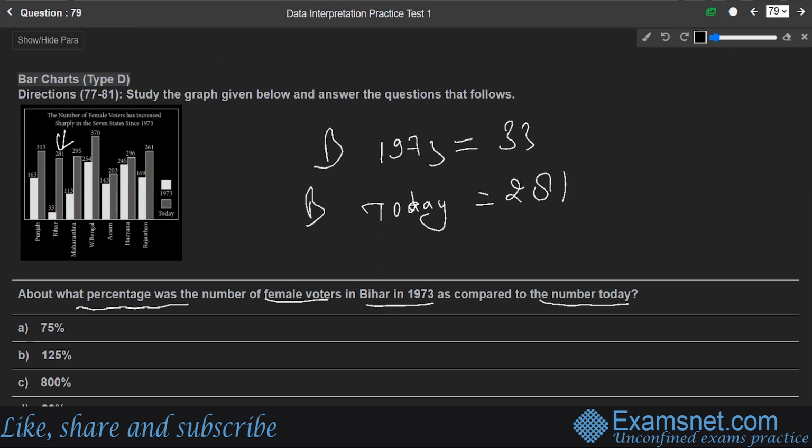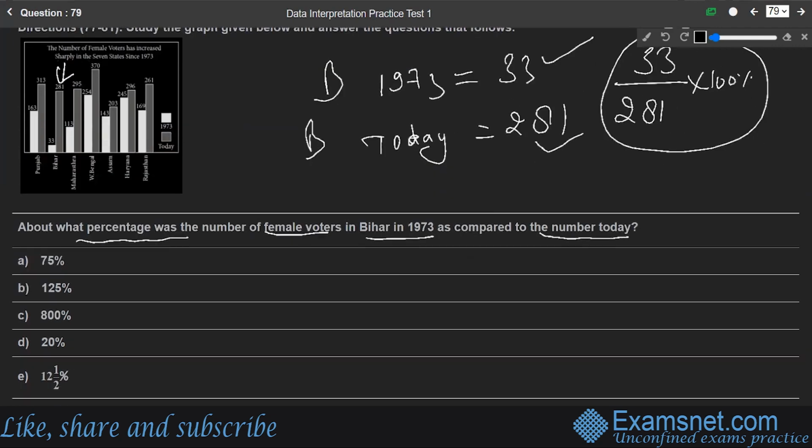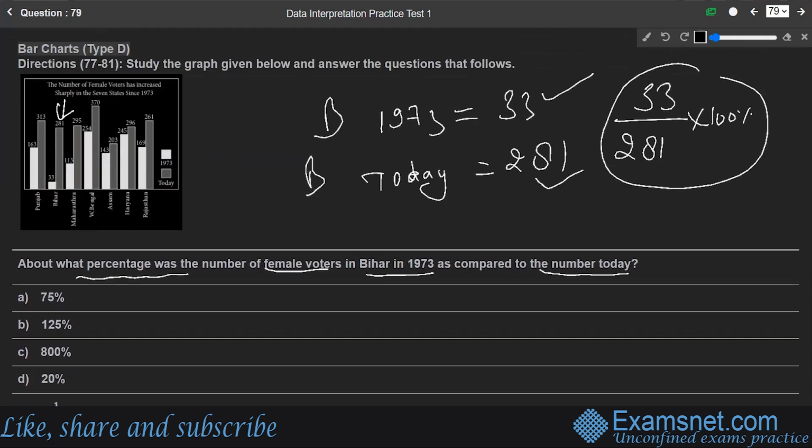We are supposed to find out the percentage of Bihar in 1973 with respect to the percentage in Bihar today. So the percentage can be calculated by 33 divided by 281 into 100%. Okay, 33 out of 281. So we can obviously approximate this also, and we can guess the right answer also.